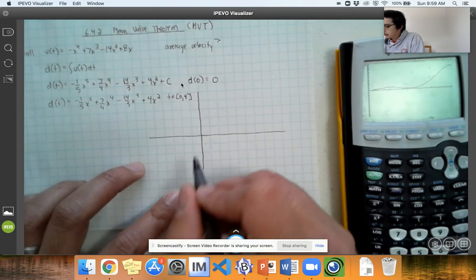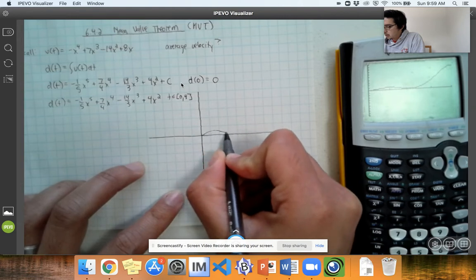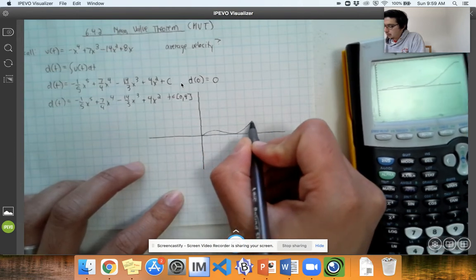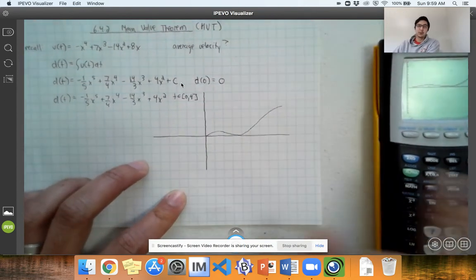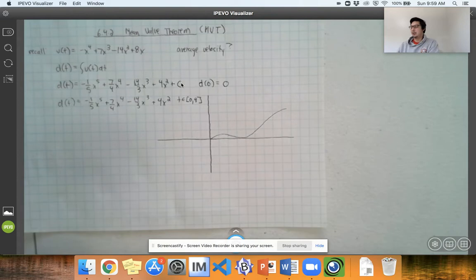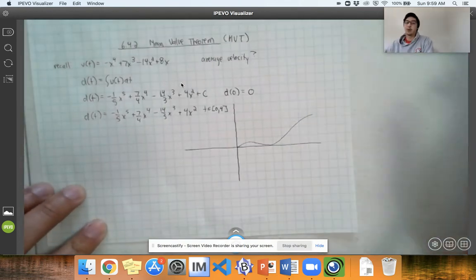Okay. We're just going to sketch this. It's just a sketch. Of course, we have the knowledge of calculus to be able to find some more critical points there, given our velocity, knowing when the slope is 0 and whatnot. But that's not what the purpose of this lesson is, so we're not going to worry about it here.